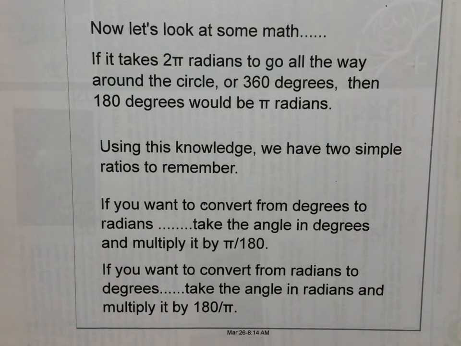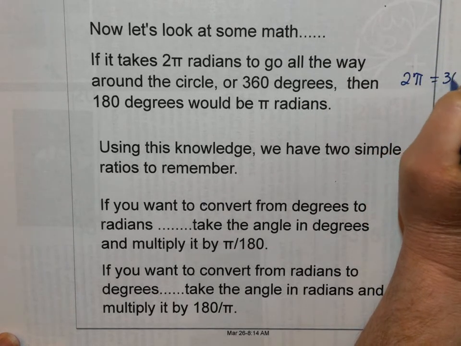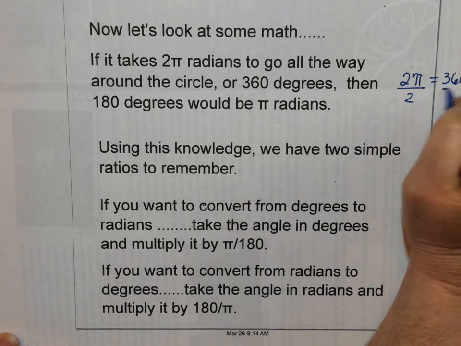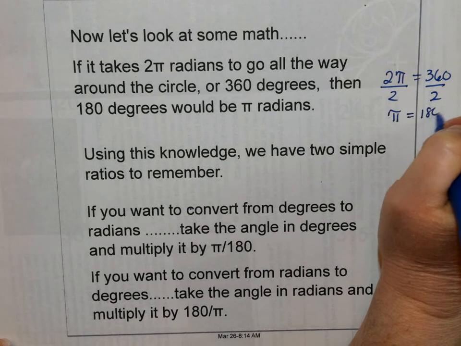Okay, so now let's look at some math. If it takes 2 pi radians to go all the way around the circle, or 360 degrees, then 180 degrees would be pi radians. Wait a minute, let's do that again. If 2 pi is 360, divide both sides by 2, I get pi equals 180.